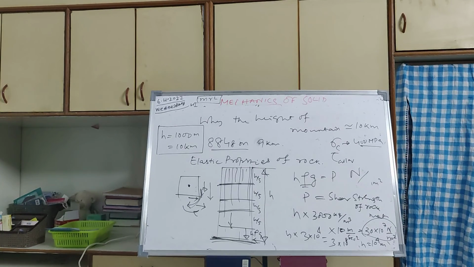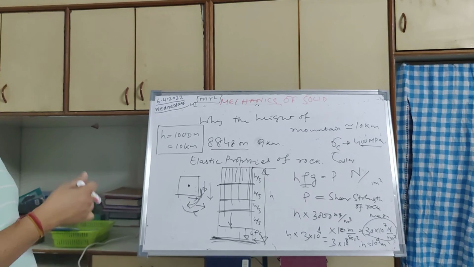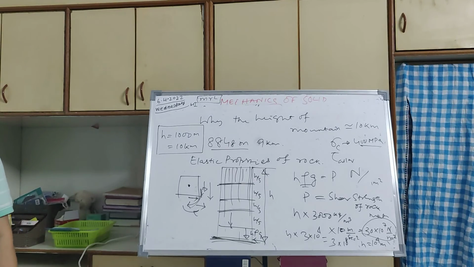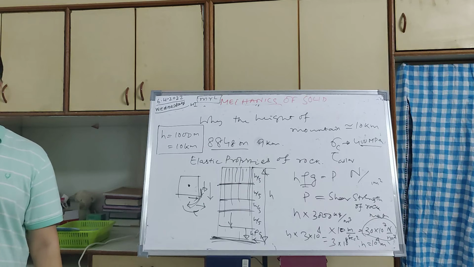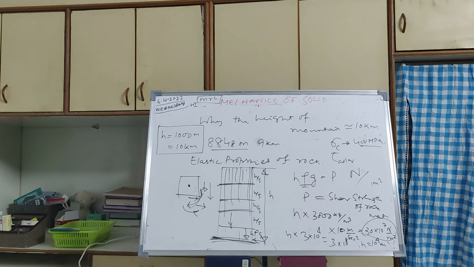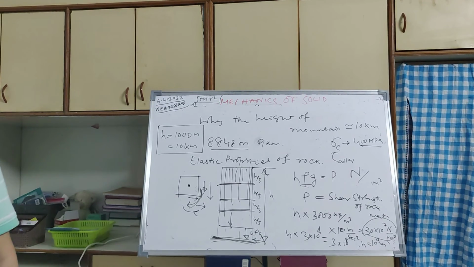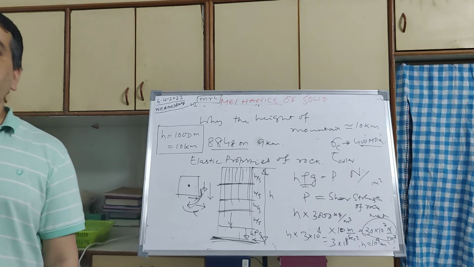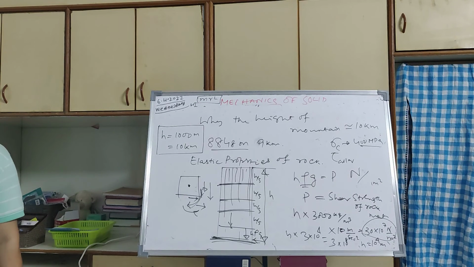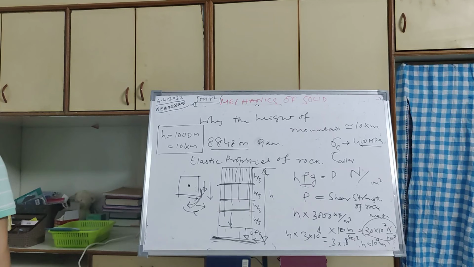So with this we come to an end of mechanics of solids. We have studied so many things: Young's modulus, rigidity modulus, bulk modulus, Poisson's ratio, and energy. We studied the stress strain curve, what is the proportional limit, elastic limit, yield point, ultimate tensile strength, fracture or breaking point.